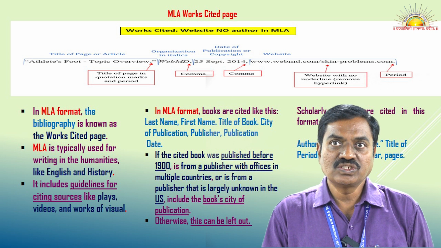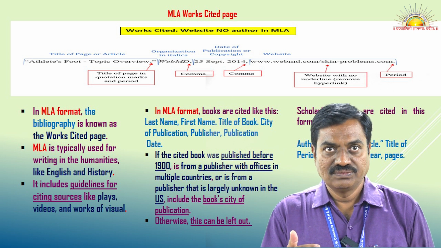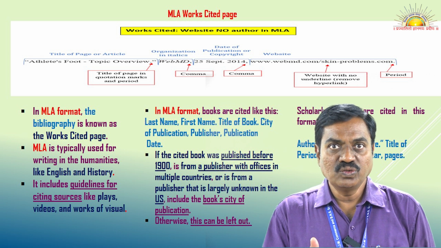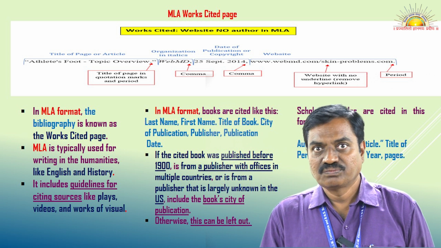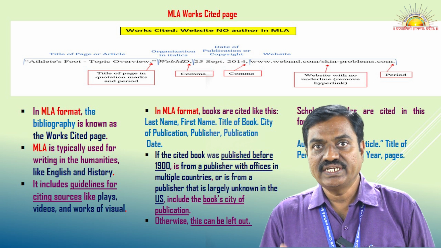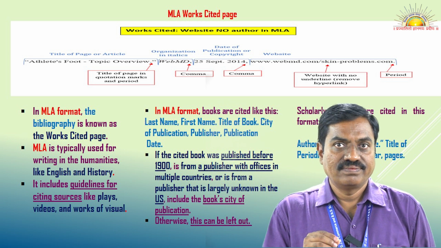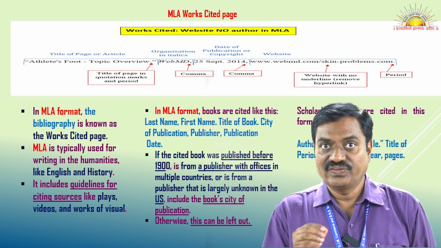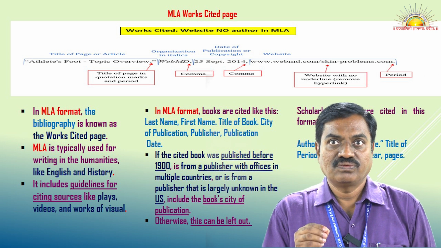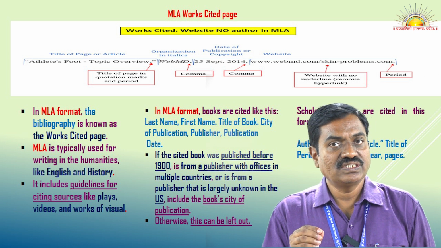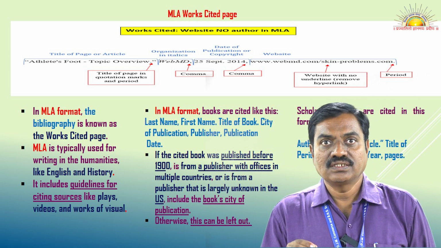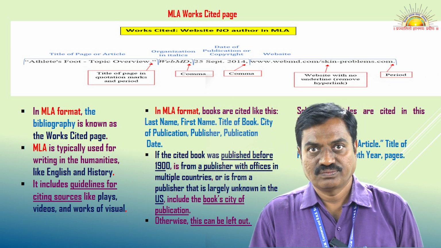In MLA format, books are cited like this: last name, first name, title of book, city of publication, publisher, publication date. If the cited book was published before 1900, is from a publisher with offices in multiple countries, or is from a publisher that is largely unknown in the US, one can include the book's city of publication.